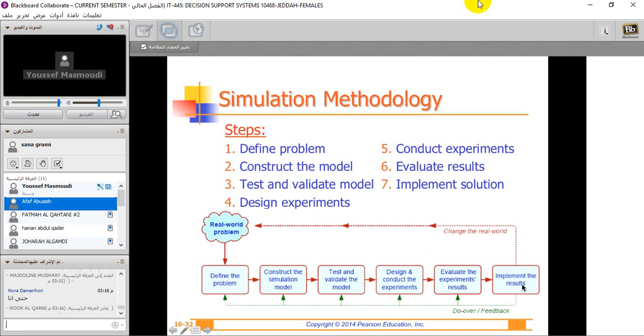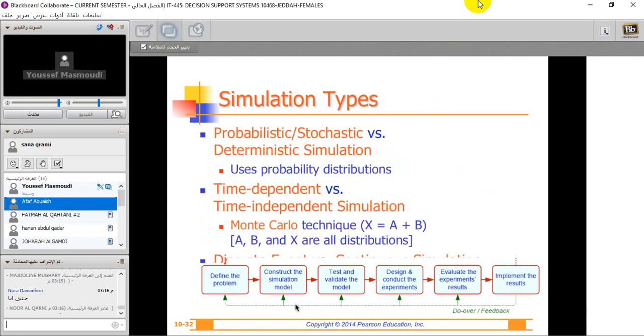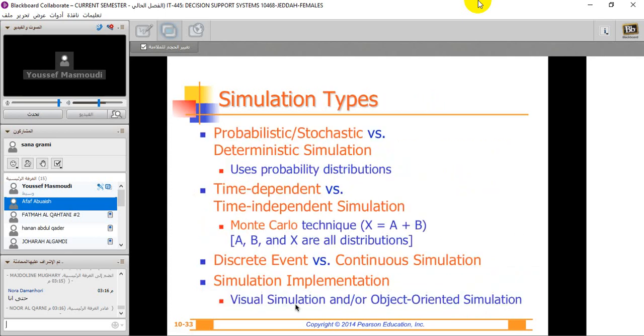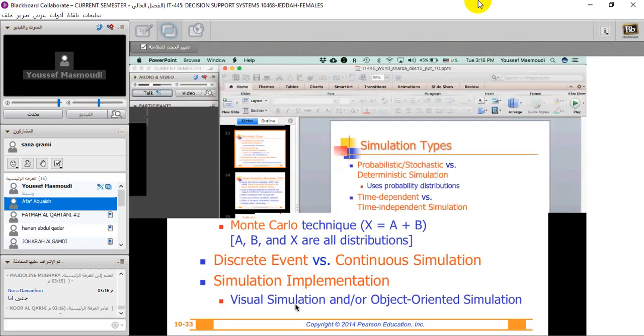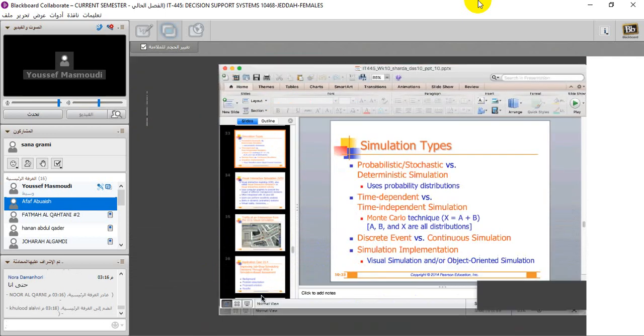Once you evaluate the experiment's results, you will implement the results, then you will change the real world, okay? And then you can define the problem again, construct the simulation model, etc. So it is iterative, it's a cycle. Simulation types: there are probabilistic and stochastic.